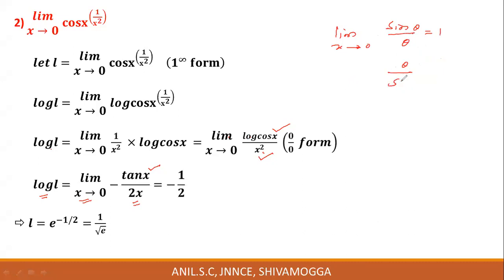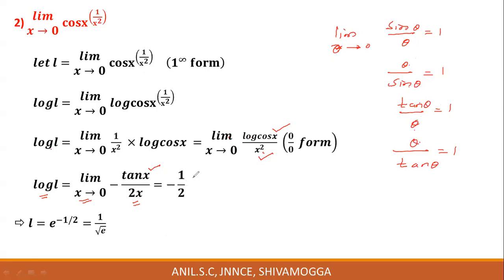Theta by sin theta is equal to 1. Tan theta divided by theta is equal to 1. Theta divided by tan theta is also equal to 1, as theta tends to 0.